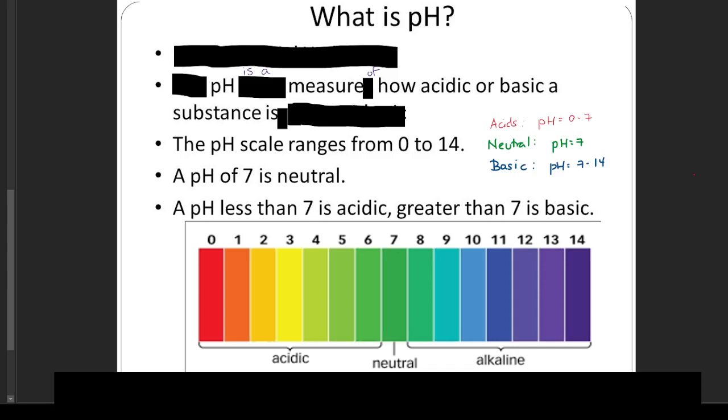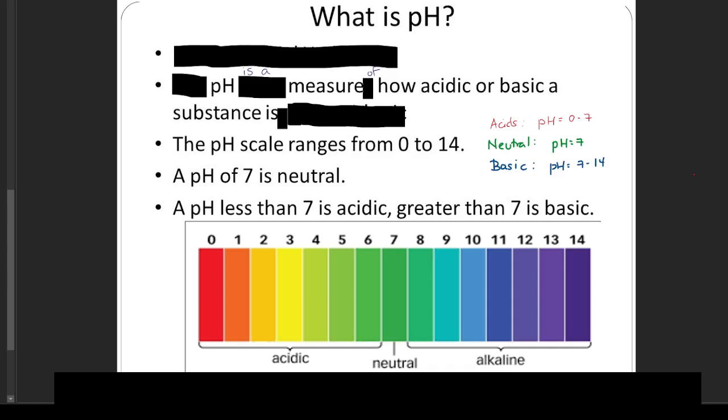So what we're going to do is take down the notes from the screen, and you're going to take down the numbers 0 to 14 and indicate on this pH scale what the ranges mean. So a solution with a pH of 0 to less than 7 is said to be an acid.